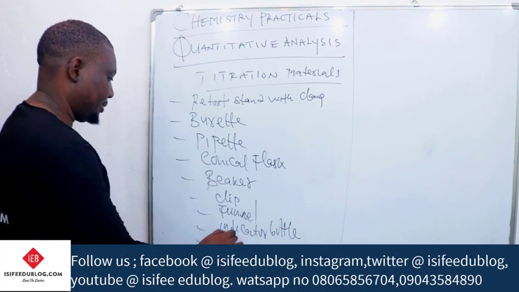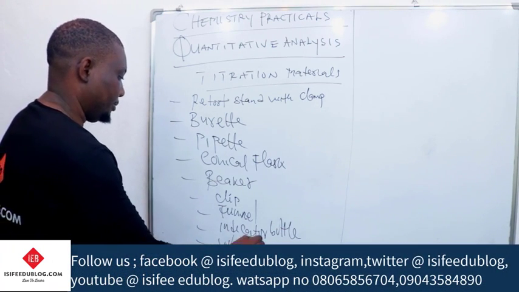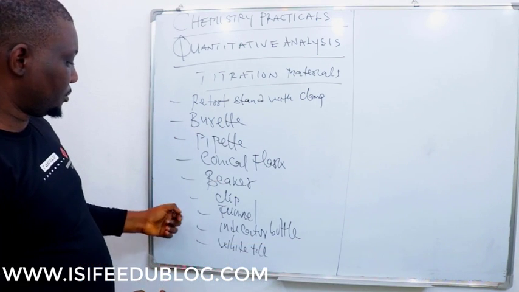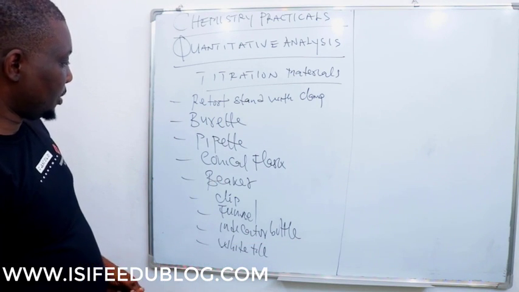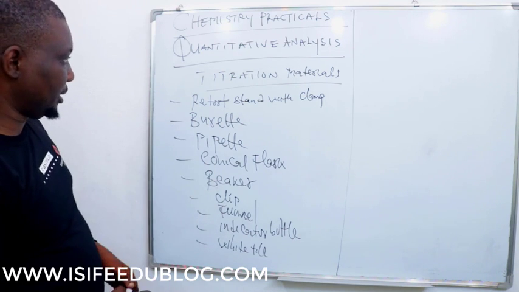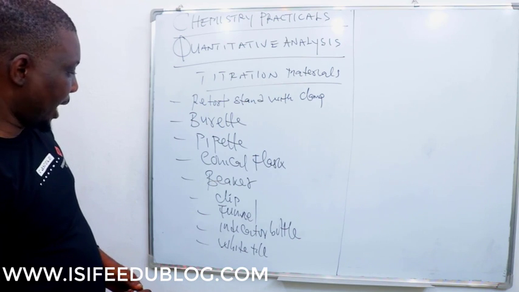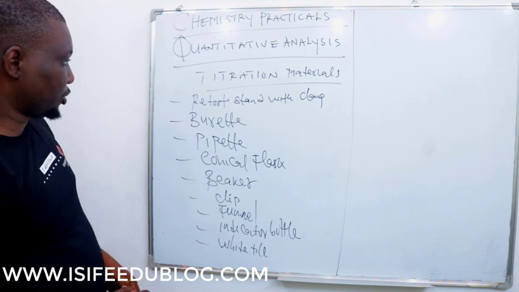We have a white tab or white paper. Okay, these are common materials that we use in acid-base titration.